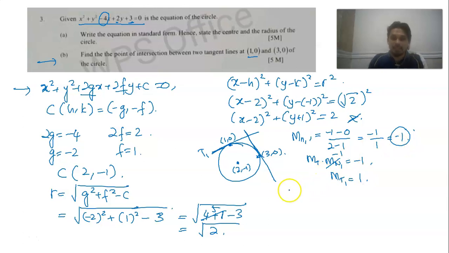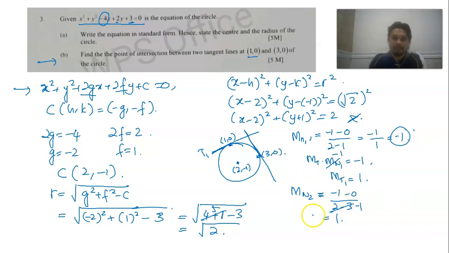Okay, and then gradient of normal 2. Gradient of normal between this center to this point, negative 1 minus 0 divided by 2 minus 3. So 2 minus 3 is negative 1. Negative 1 divided by negative 1 equal to 1.